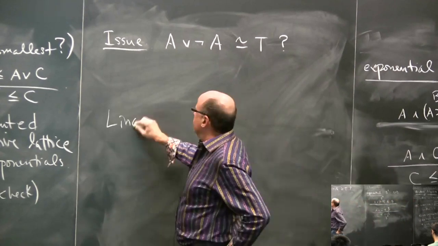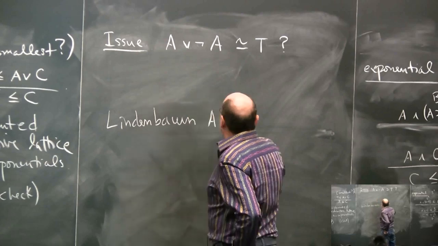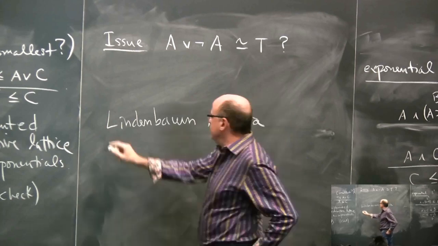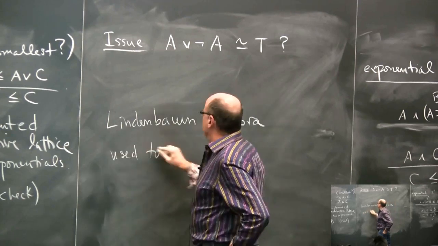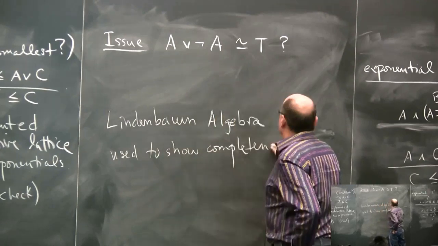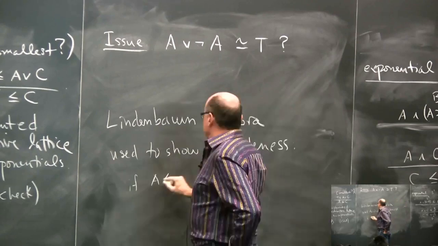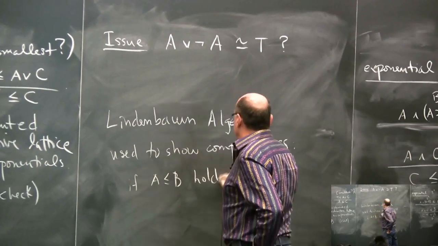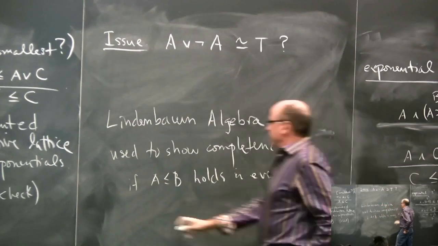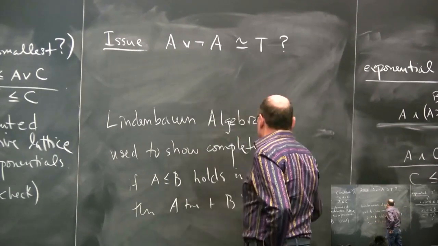And I really showed you how to do this, but from the point of view of the note takers, the propositional Lindenbaum algebra is used to show completeness, which says that if A is less than or equal to B holds in every Heyting algebra, then A true entails B true.